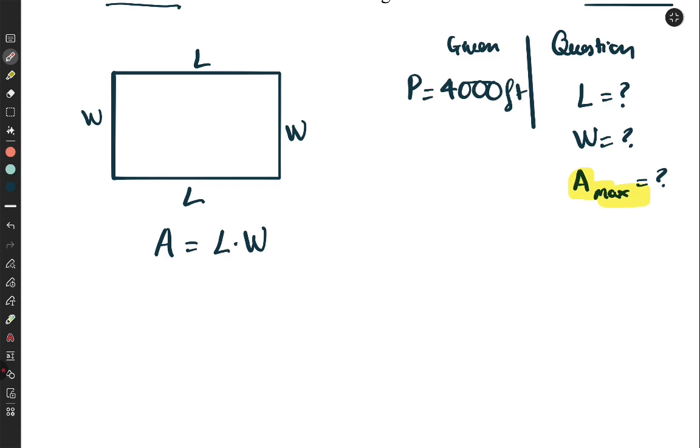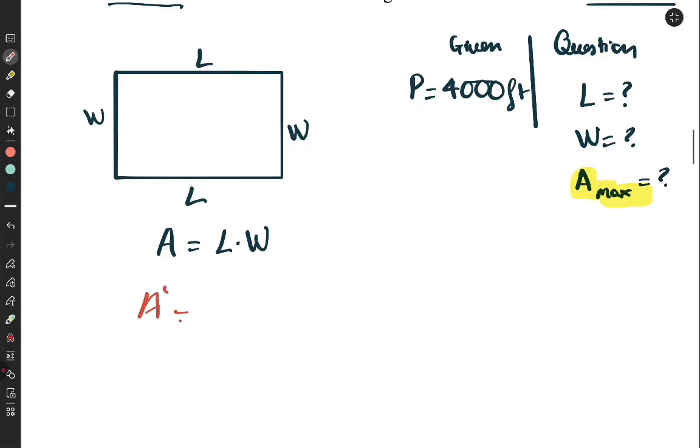You don't want to take A prime right away. That's a product rule right there, and I don't know anything about length and width. So I need to convert either length or width into just one variable. Where do I get the information to do that? They give us the perimeter for a reason.